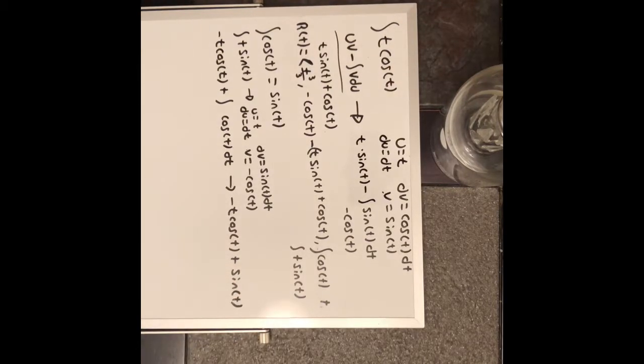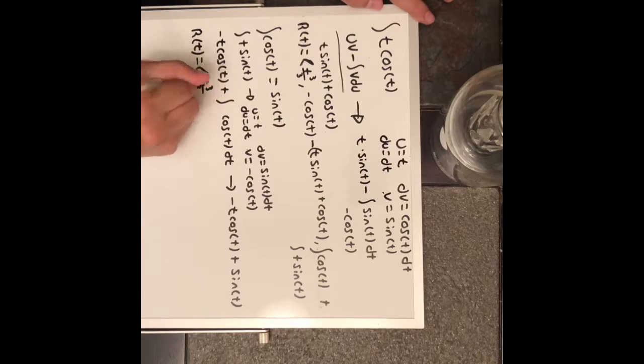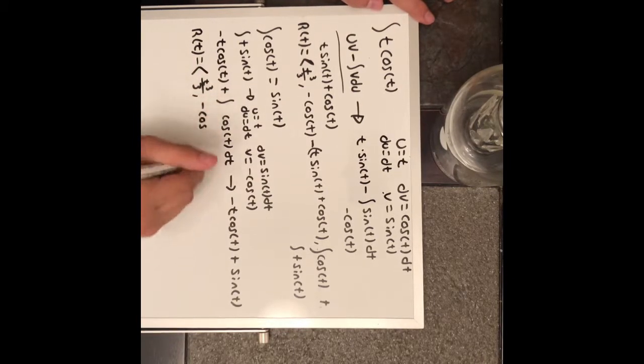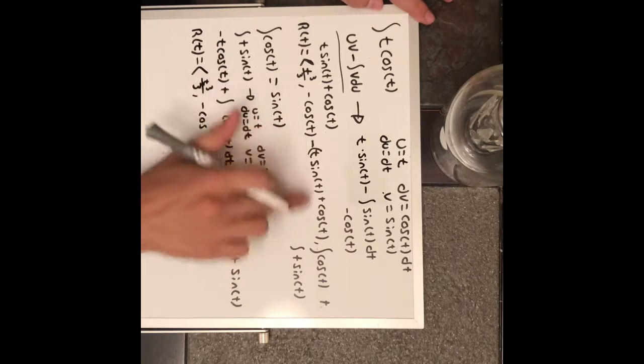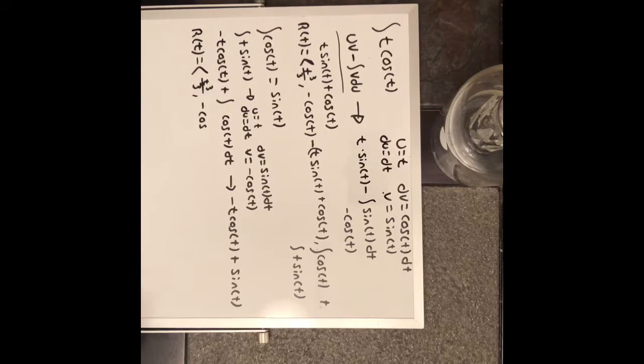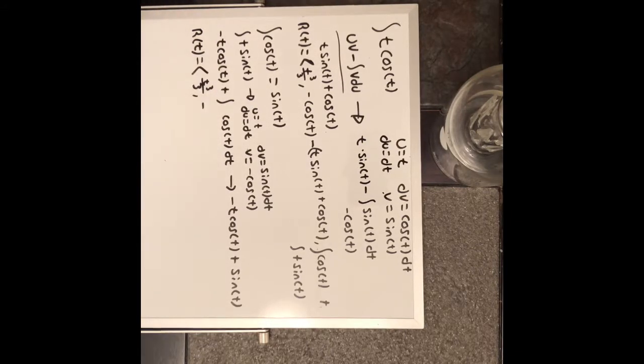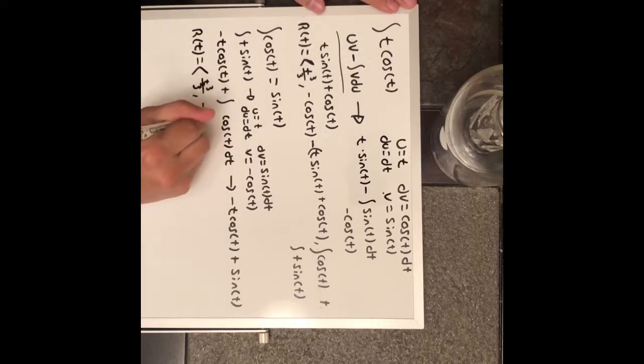Now let's plug it all in and let's circle our answer so we can clearly depict what our r(t) is equal to. So our r(t) is equal to t cubed over 3, comma, negative cosine, or in this case, we see that there are going to be 2 negative cosines, right? We distribute the negative. So let's just put them together.